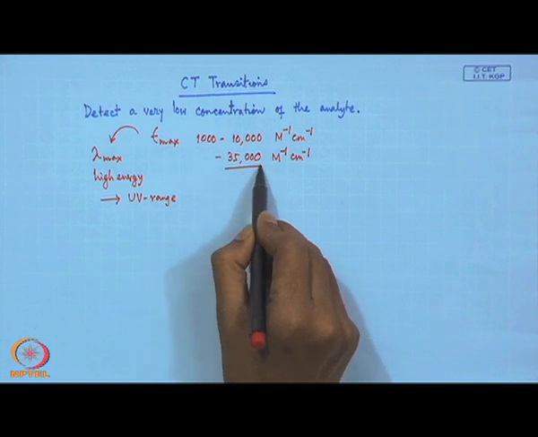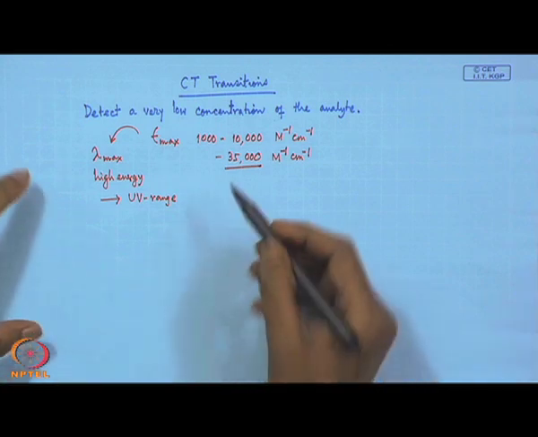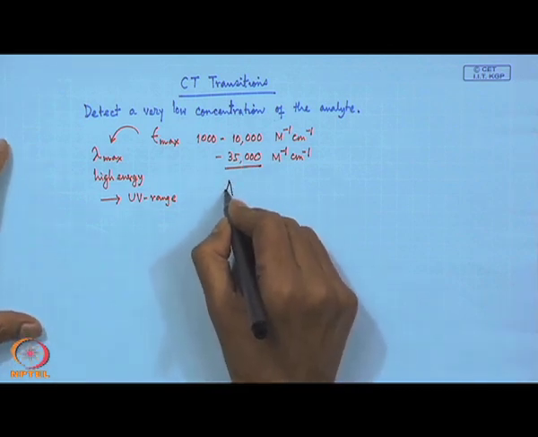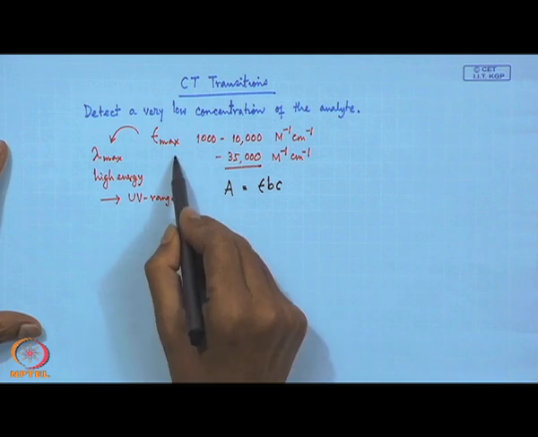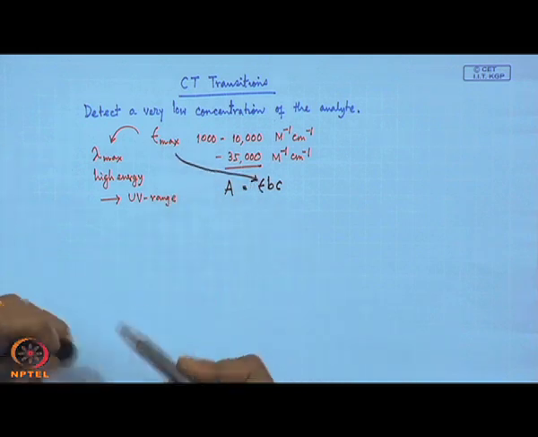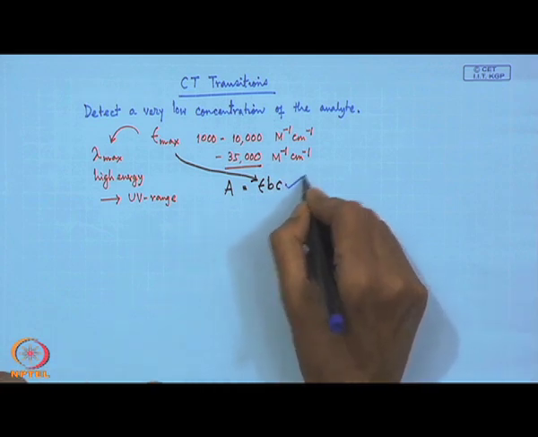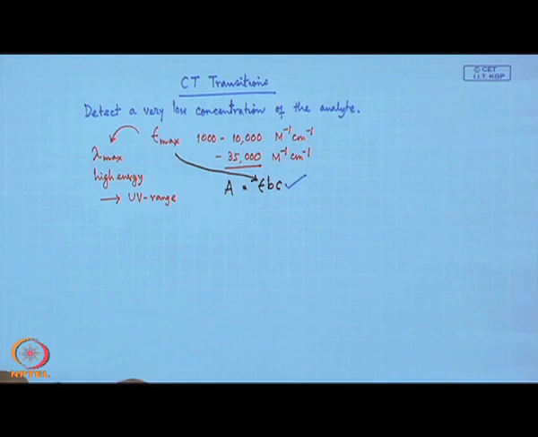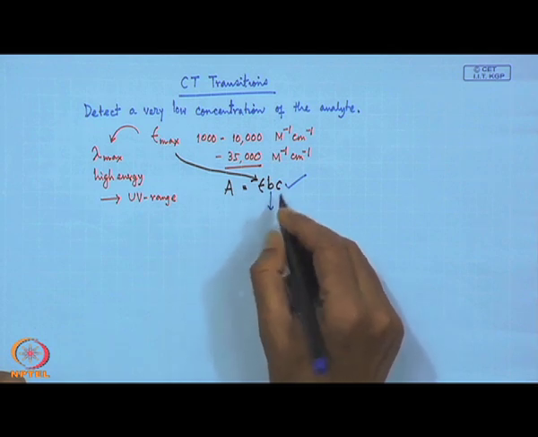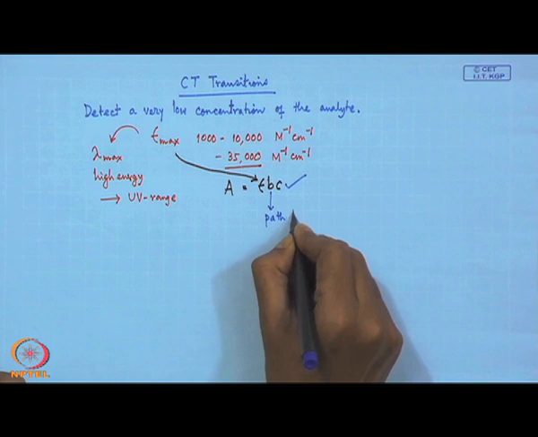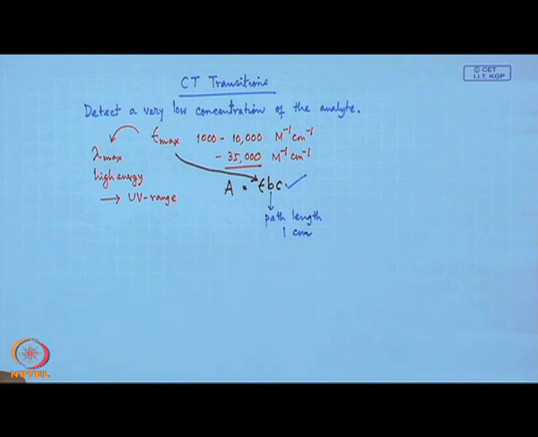So we see the contribution from the concentration, because applying the combined form of Lambert and Beer's law, absorbance is epsilon b c, from which we derive this epsilon. If the epsilon value is pretty high, we can detect a very low concentration, because the concentration can be very small if the epsilon value is very high, and b is the path length for the cell, which is typically 1 centimeter.